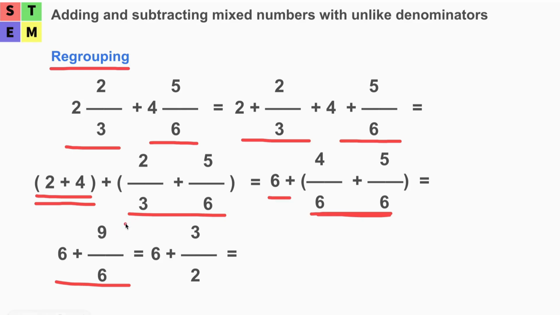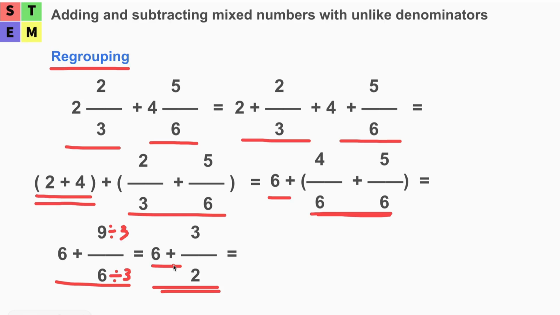So first we're gonna simplify that. So 6 plus 3 over 2, because we can divide it by 3, right? So 9 divided by 3 is 3, and 6 divided by 3 is 2. So first, let's simplify this, okay? And we got 3 over 2, 6 is still there.